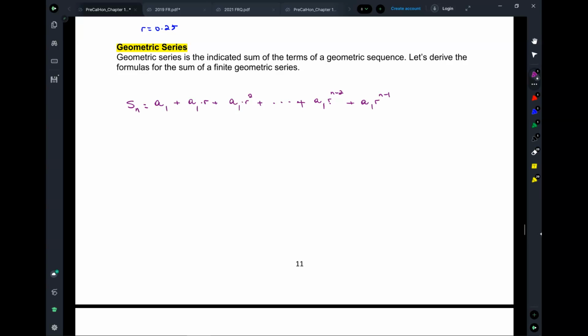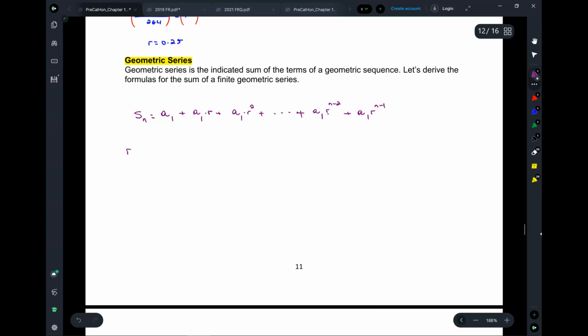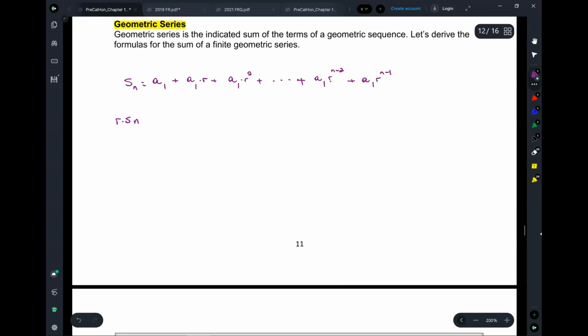Now what we're going to do is write another one, but this time we're going to write R times Sn. So let's see what R times Sn would be. It would be A1 times R, A1 R squared, A1 R cubed, and so on, right? So you get the same terms but offset by 1.